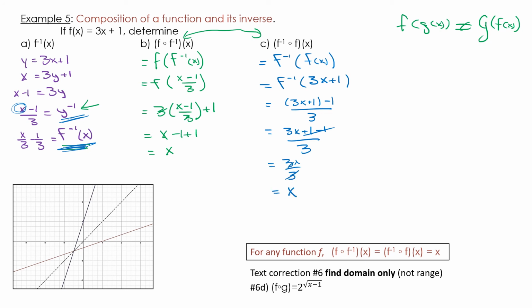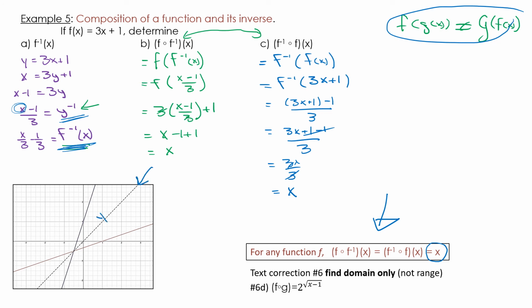Well, I did get the same thing, and I just told you that when you substitute in one way, it's not the same as substituting in the other way. Oh, except for any function f and its inverse, whether we compose it one way or the other, it will always equal x. It's always going to be that. It's always going to give us the line of reflection.